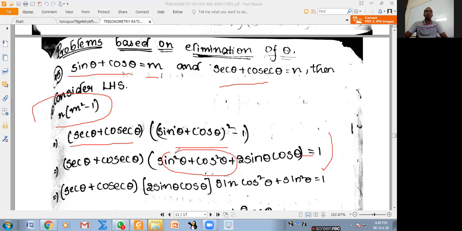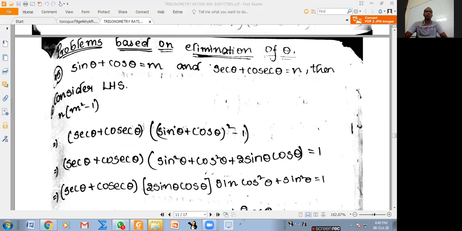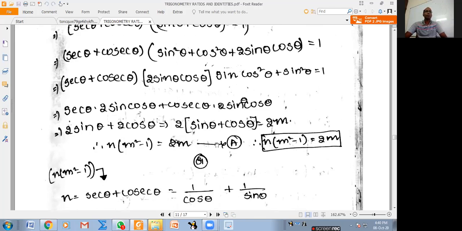Sin square plus cos square minus 1 cancel here. 2 sin theta cos theta will come. When I multiply these two, secant and cos will cancel, I'll get 2 sin theta. When I multiply these two, sin and cosecant will cancel, I'll get 2 cos theta. When I take 2 common, sin theta plus cos theta is m. That's how you can prove it.